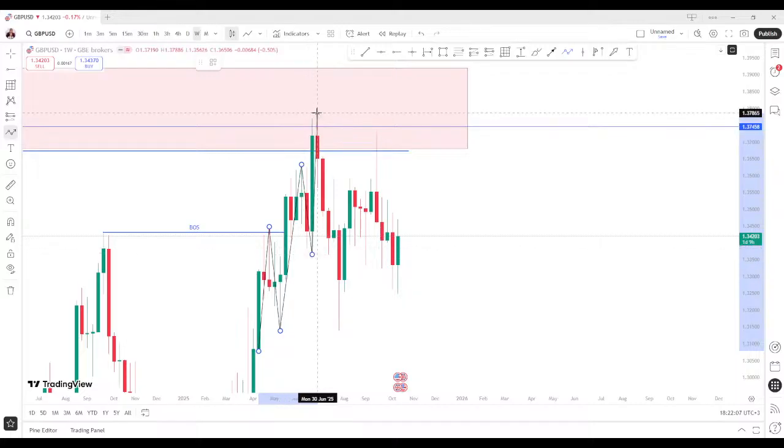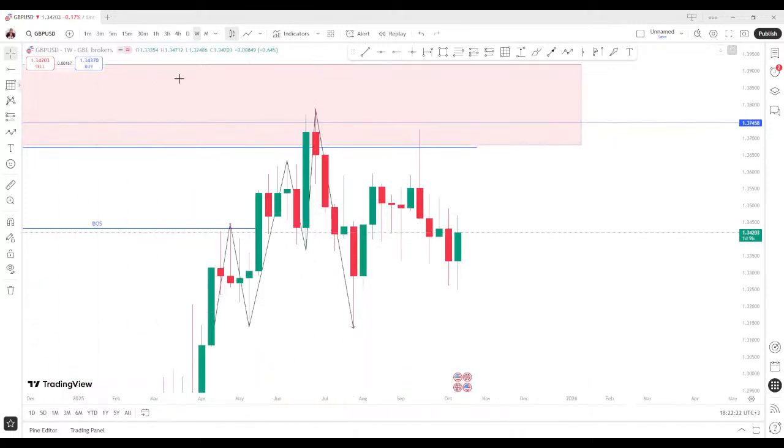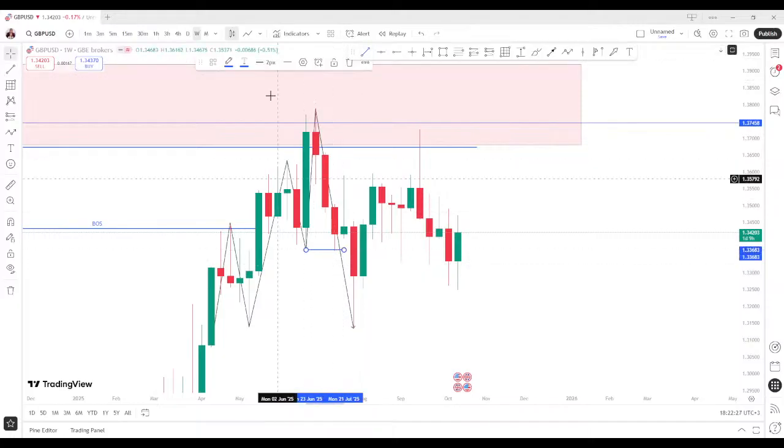So when the market got here, it was unable to print another higher high. So what did the market do? It broke structure, or it changed character here. Okay, so if you look at this, this is now a change of character.